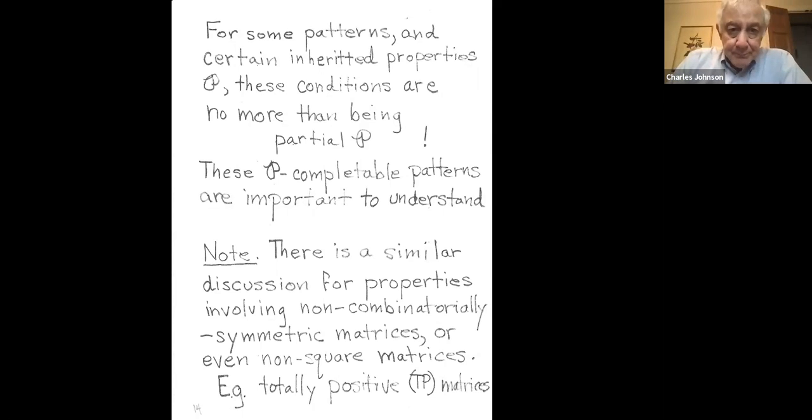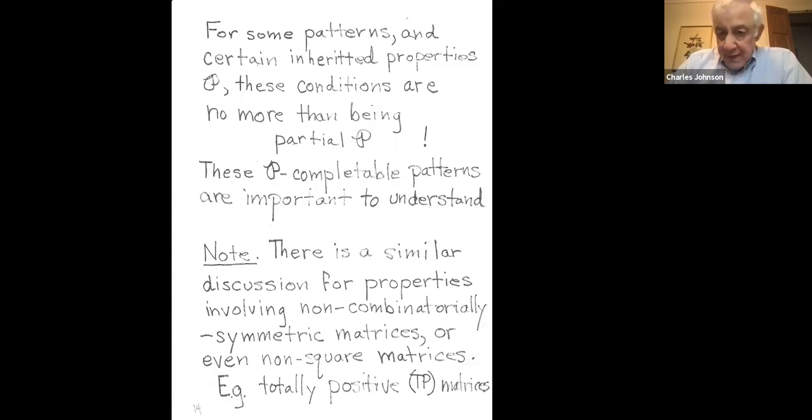So sometimes, given the property and the pattern, if the property is inherited, then the condition of being inherited is all you need to know. In other words, no more than being partial P is necessary. Notice that being partial P is going to be a polynomial property, okay, because we check the specified principal submatrices.